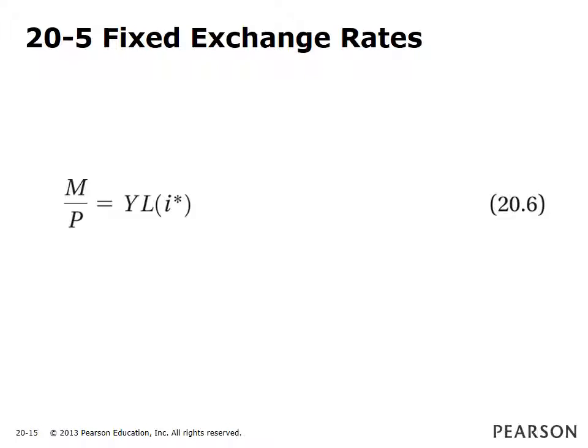Equation 20.6 shows that in the presence of fixed exchange rates and perfect capital mobility, the domestic interest rate I has to be equal to the foreign interest rate I star, implied by the interest parity condition. The money supply has to be altered such that the domestic interest rate at which the financial market is in equilibrium is equal to the foreign interest rate. Under fixed exchange rates, the central bank gives up monetary policy as a policy instrument.